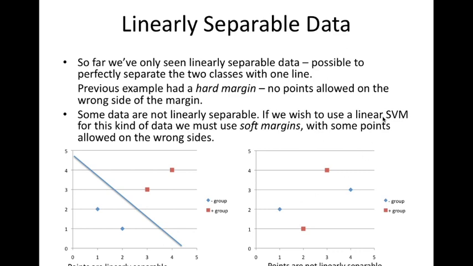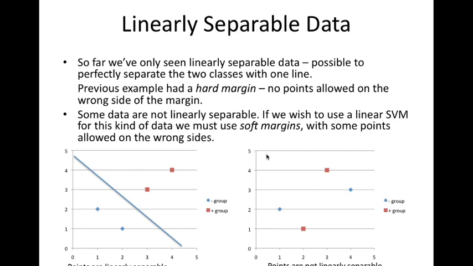So if we want to use a linear support vector machine for that kind of data, like we see on the right side here, we would have to use what we call soft margins, which allow some points on the wrong sides. First of all, you can't draw any line through this that would put all of the red points on one side and all of the blue points on the other side, like you can here.